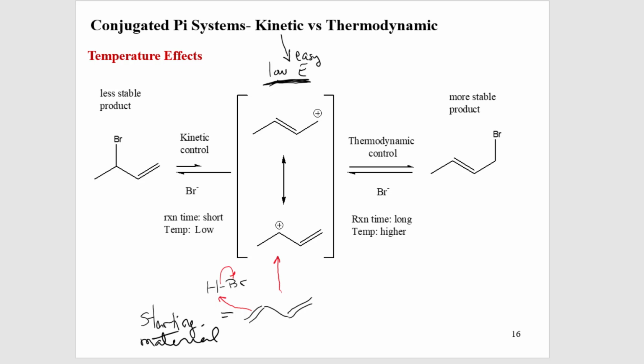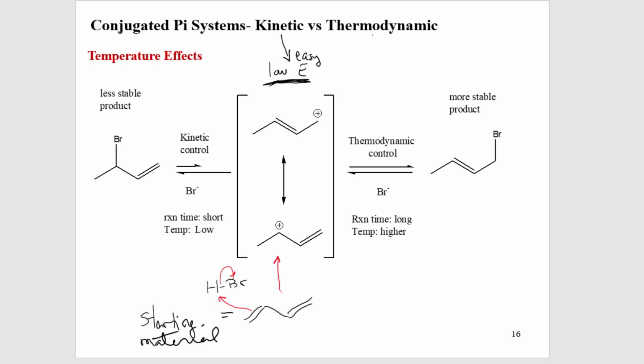That would be the easy low energy thing for me to do. So that's how I always imagine kinetic. Kinetic means fast, easy. Does it always get you what you want? Sometimes, right? But not always, right? Maybe you missed the button. It didn't get you what you want.